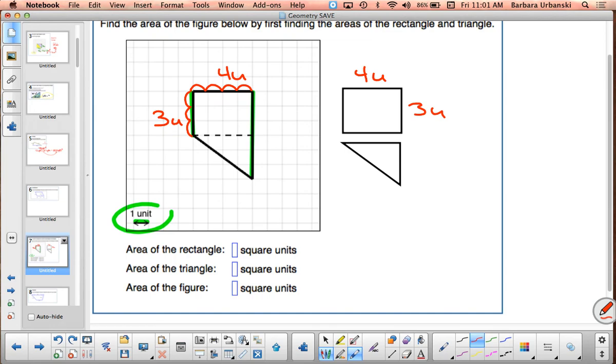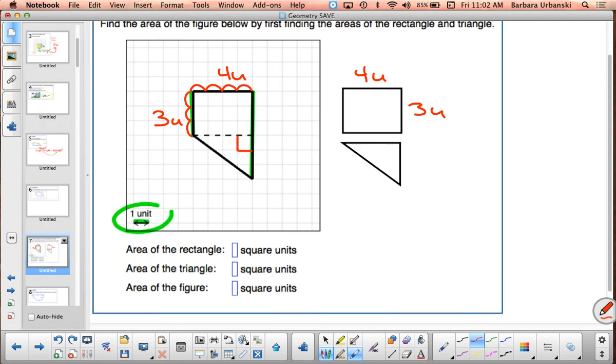Then I'm going to look at my triangle. We said in order to find the area of a triangle, you must have an altitude, a height, and that must meet at a right angle. They do not have a right angle marking here. However, because it is on grid paper, we know that that is going to be a 90-degree angle.